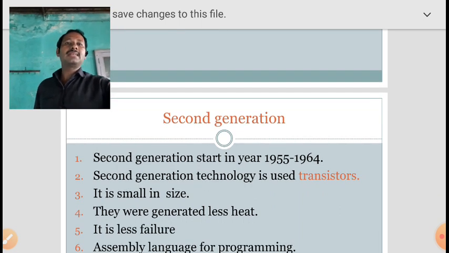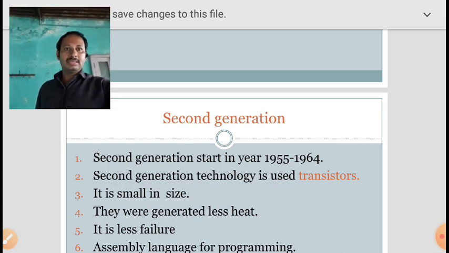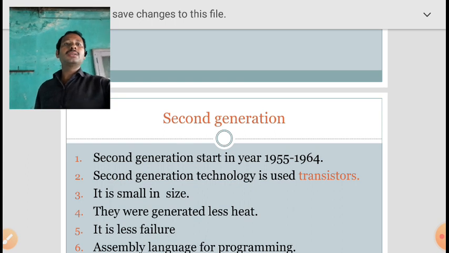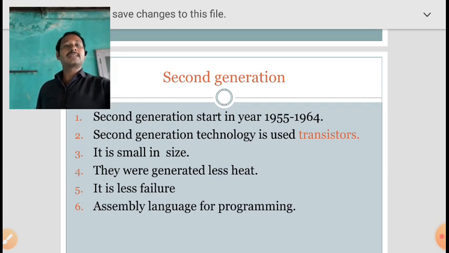Now look at the second generation of computers. The second generation started in the year 1955 to 1964. In these years the second generation of computers was designed, and the technology used was the transistor. In the first generation we used the vacuum tube, so the second generation replaced it with transistors, and it is small in size compared to the first generation.